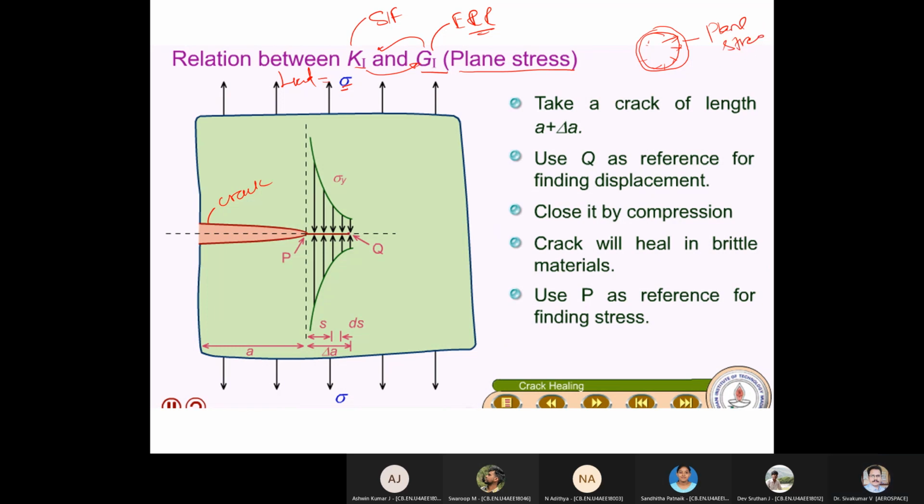A thin strip subjected to internal pressure comes under plane stress. What is plane strain? Plane strain means, suppose I have a thin tube, but it's quite long. I'm taking a piece of that, again subjected to internal pressure. Then it is plane strain.